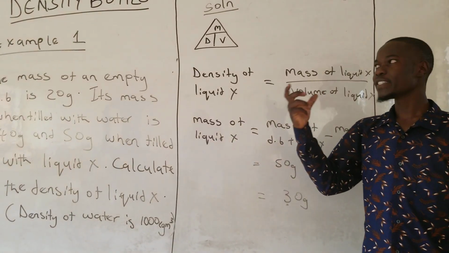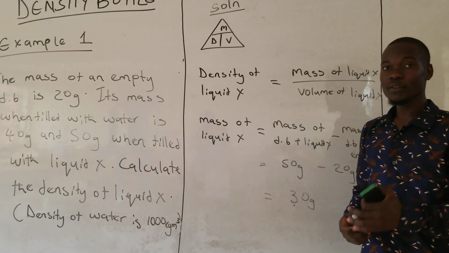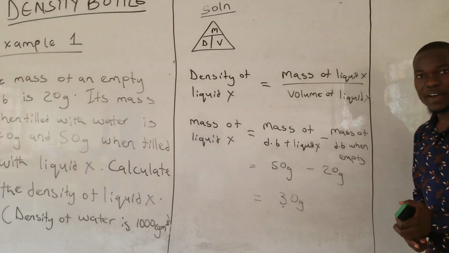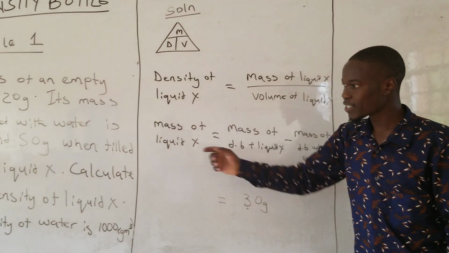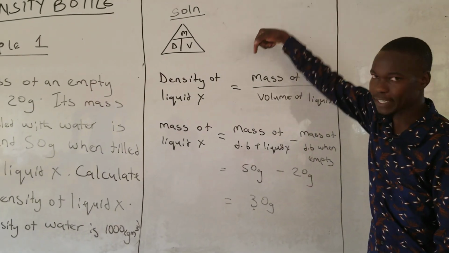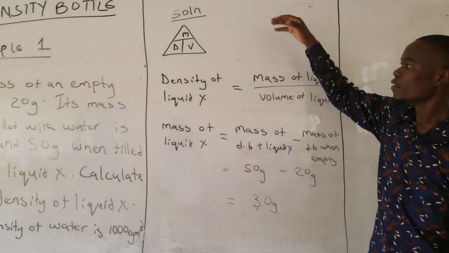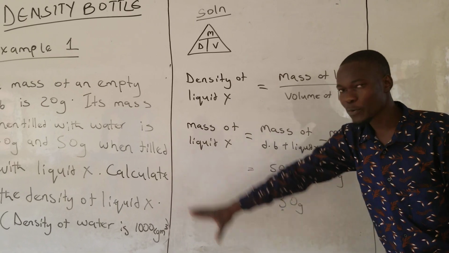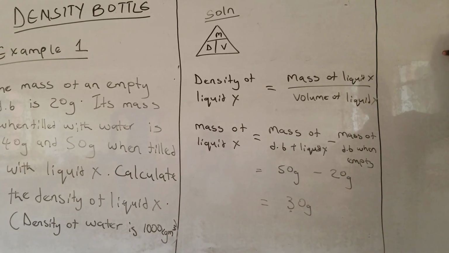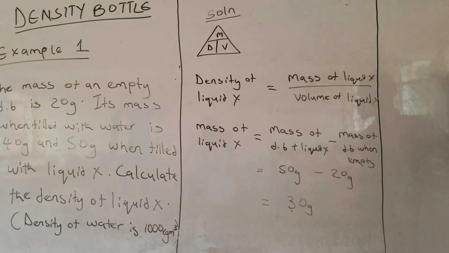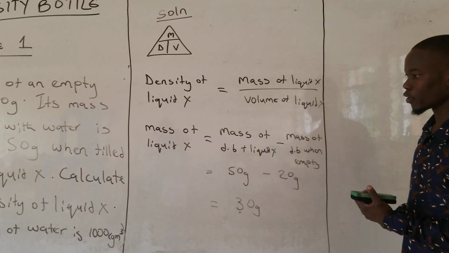After getting the capacity of the density bottle, we shall be in a position of finding the volume of liquid X, because we are told that it filled the density bottle. Therefore, the volume of that liquid X is going to be the same as the capacity of the density bottle.